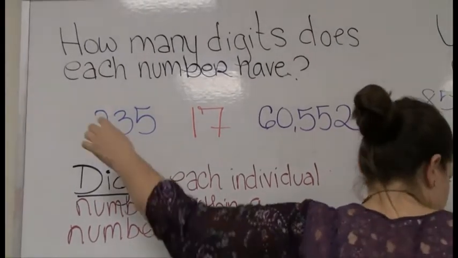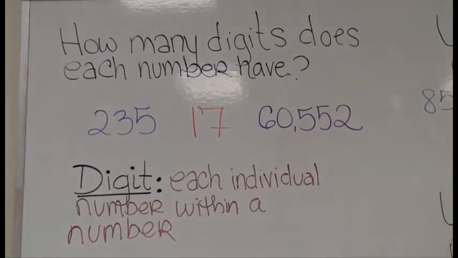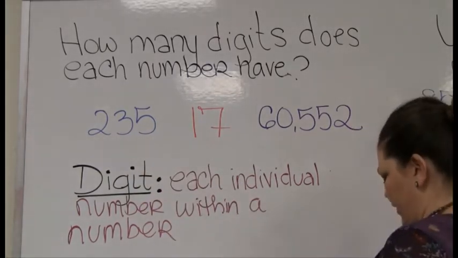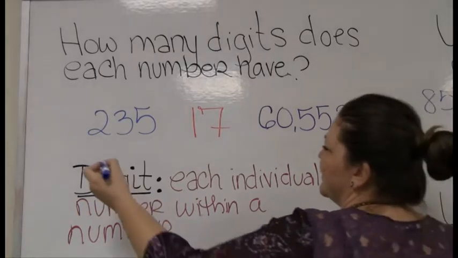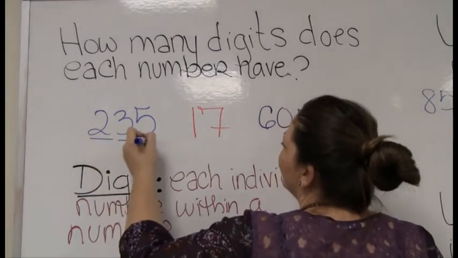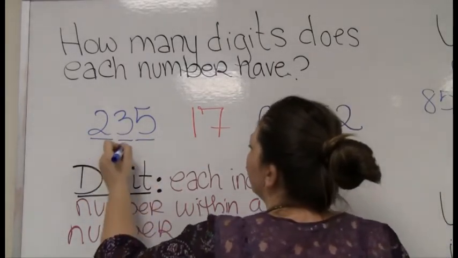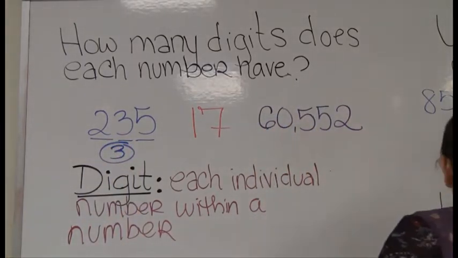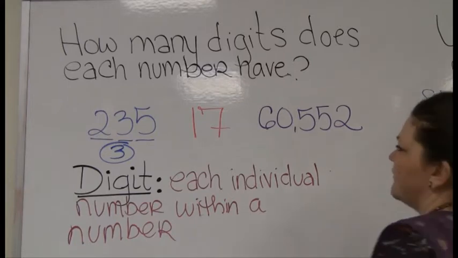So if I look at this number, this is the number 235. To answer the question how many digits it is, I'm just going to count. So we have 1, 2, 3. This is a 3-digit number, and that is my answer to that question. It's 3. Excellent. So similarly, 17, real easy.